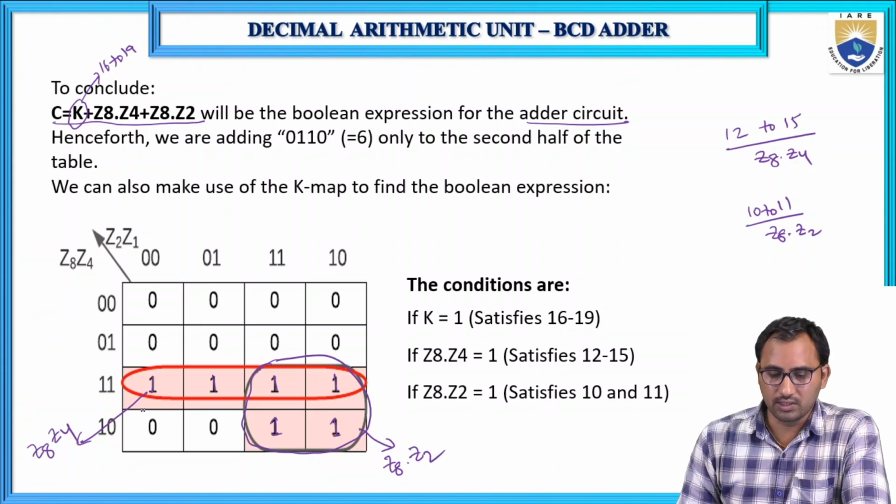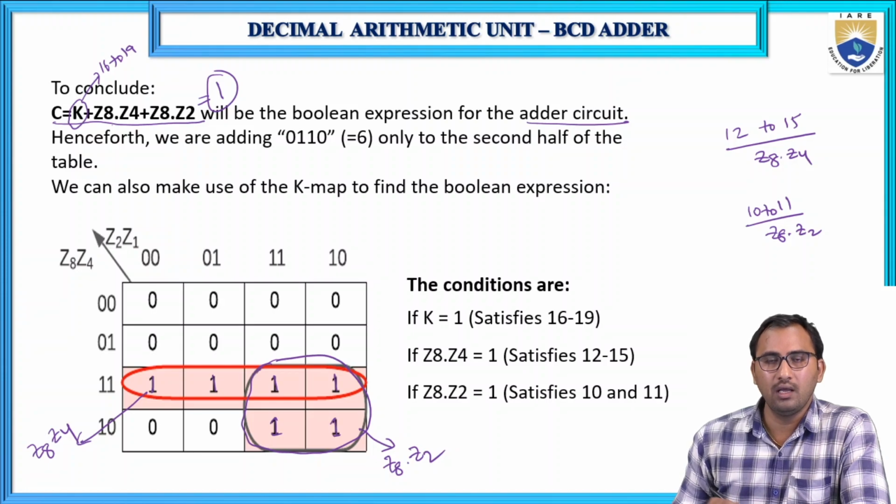Now we are combining all these cases: C is equal to K plus Z8 Z4 plus Z8 Z2. If this expression gives 1, we need to add 6 to that result so that we will get the correct BCD answer.